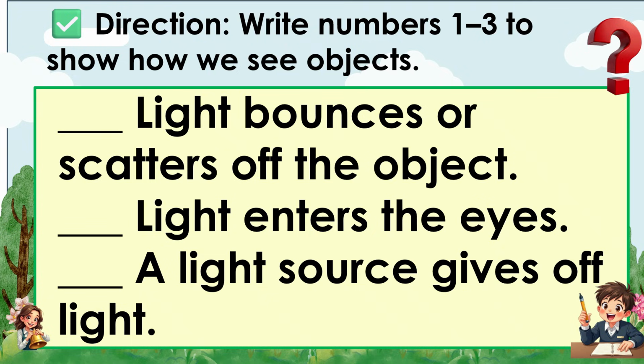Which one is number 1? A light source gives off light. Which is number 2? Light bounces or scatters off the object. And 3 is light enters the eyes.